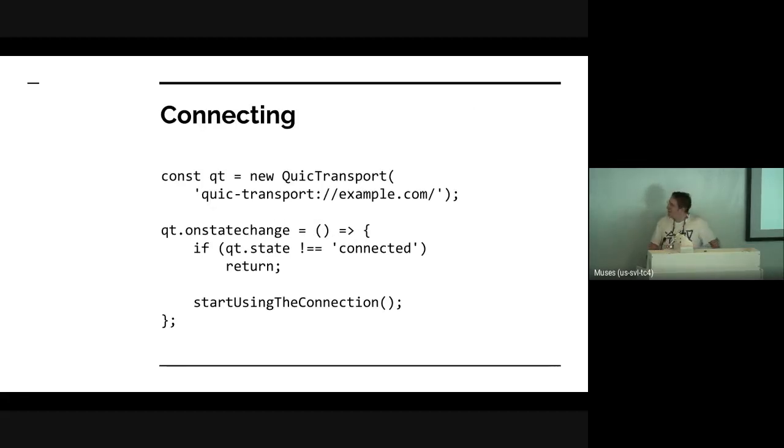And this is how you connect with QUIC Transport. So we have a QUIC Transport URL scheme, which we've just registered last week. And once you use the onstatechange event handler to detect when you've actually succeeded in connecting.